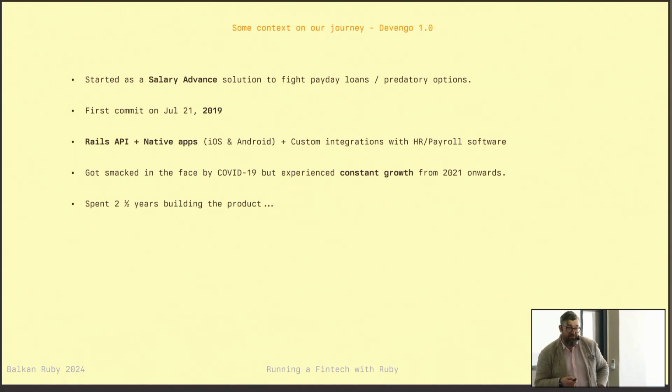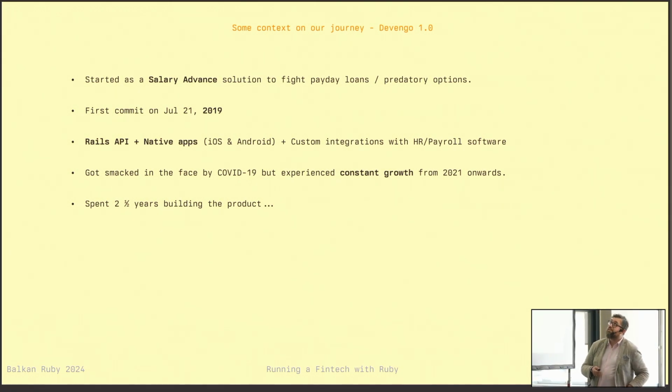If you think that the Android market is fragmented, it's because you don't know the payroll system software market. It is incredibly fragmented. There are no standards, and for us, it was important to be able to feed back the information of the advances to the company. So that was kind of hard.